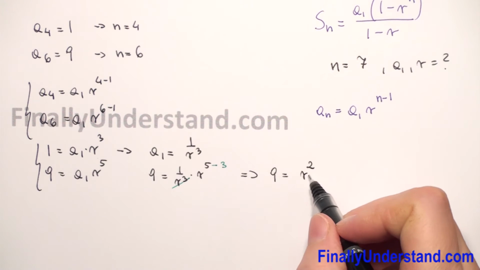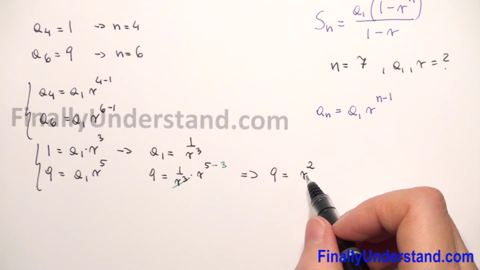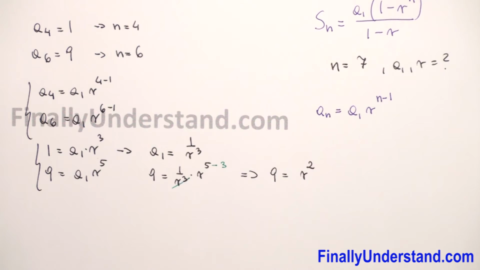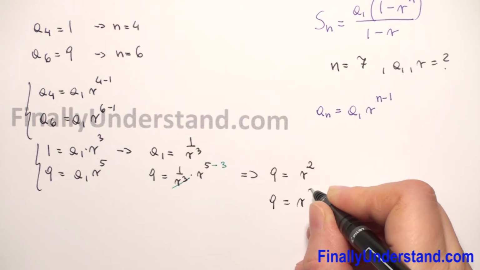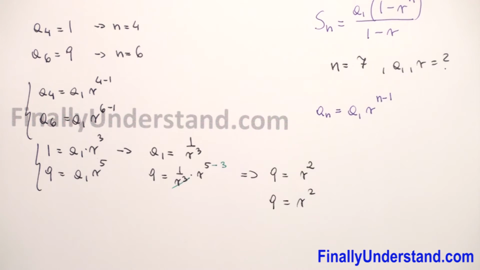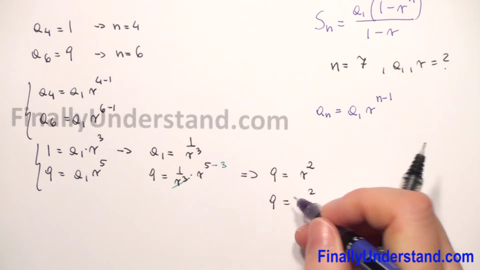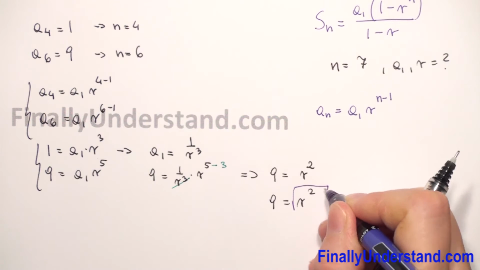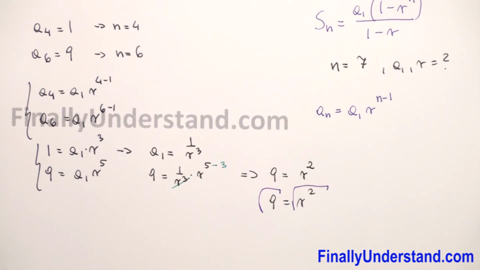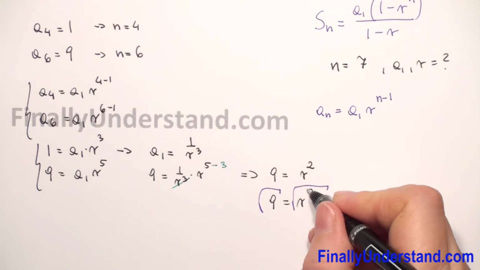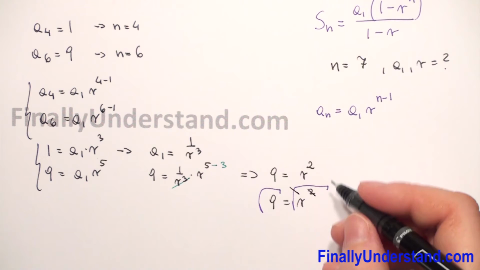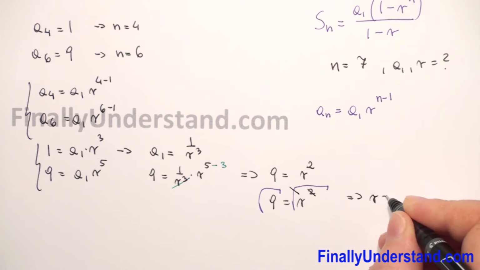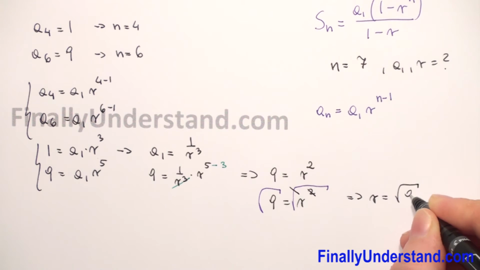Because we have r squared, now I will take the square root of both sides. So we have 9 is equal to r to the second power. I will take the square root of both sides to reduce the square, and we have that r is equal to the square root of 9.